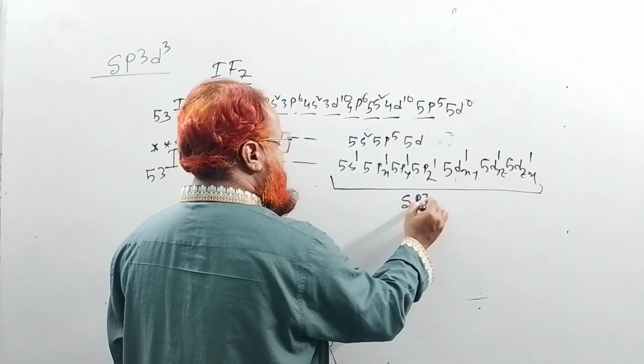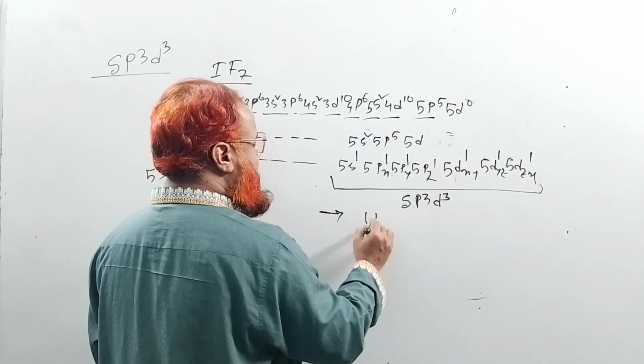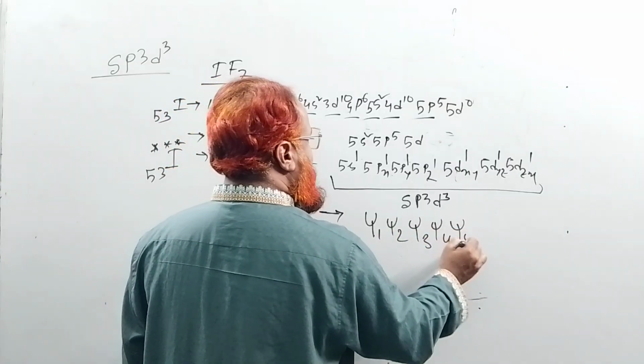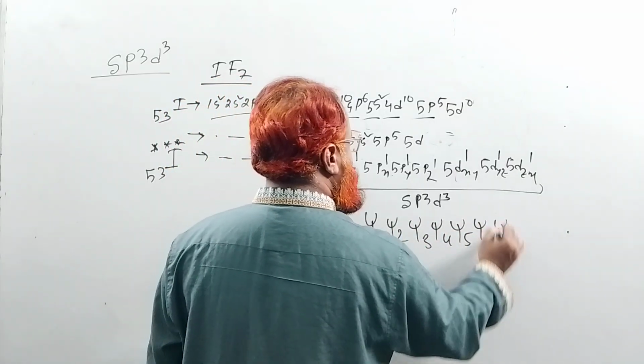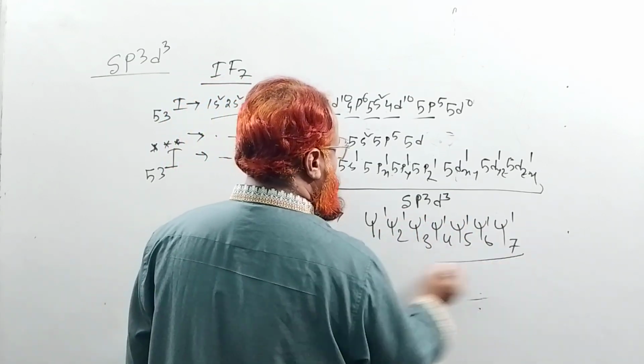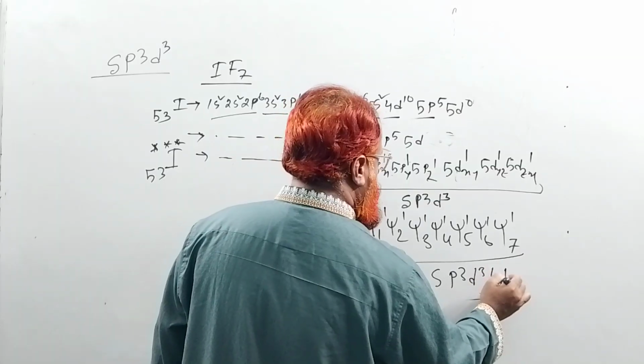So, here will be sp3d3 hybridization and we will get the total number of hybrid orbitals psi1, psi2, psi3, 4, 5, 6 and what, 7. 1, 1, 1, 1, 1 and 1. These are what, sp3d3 hybrid orbitals.